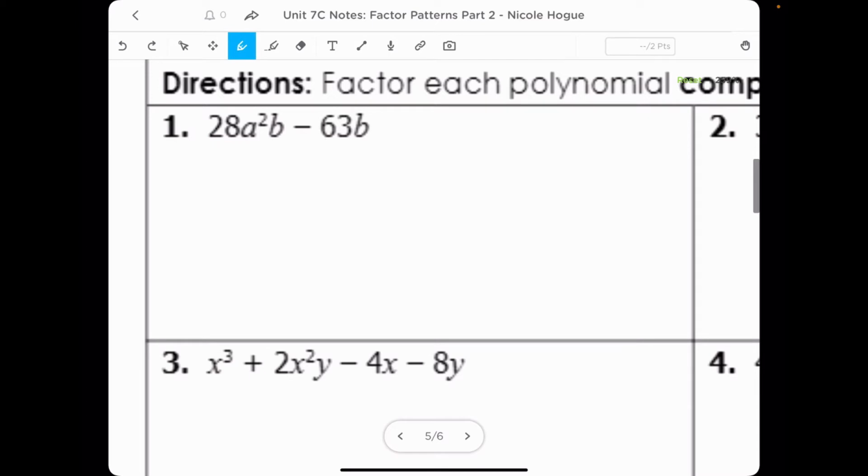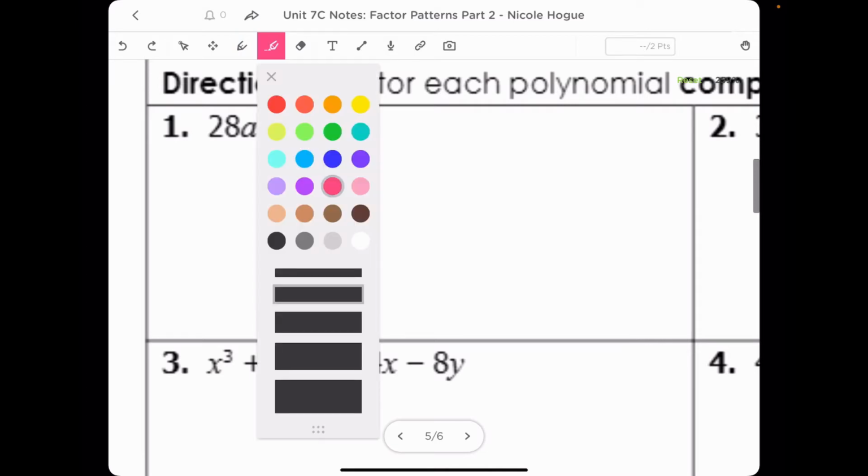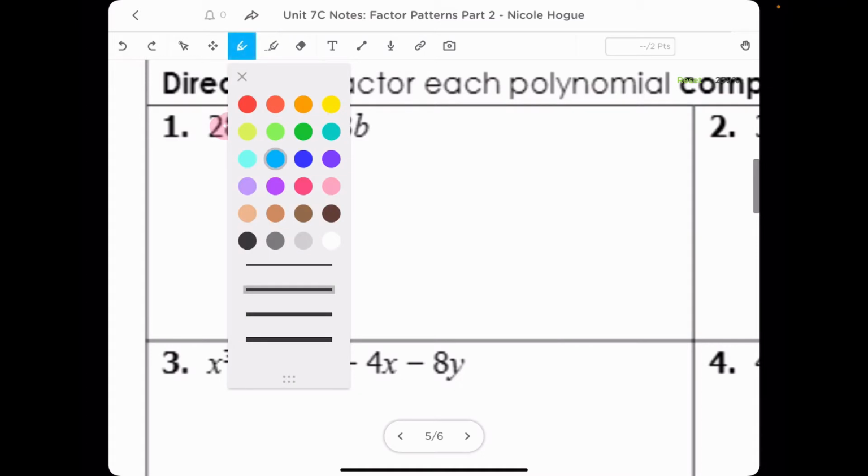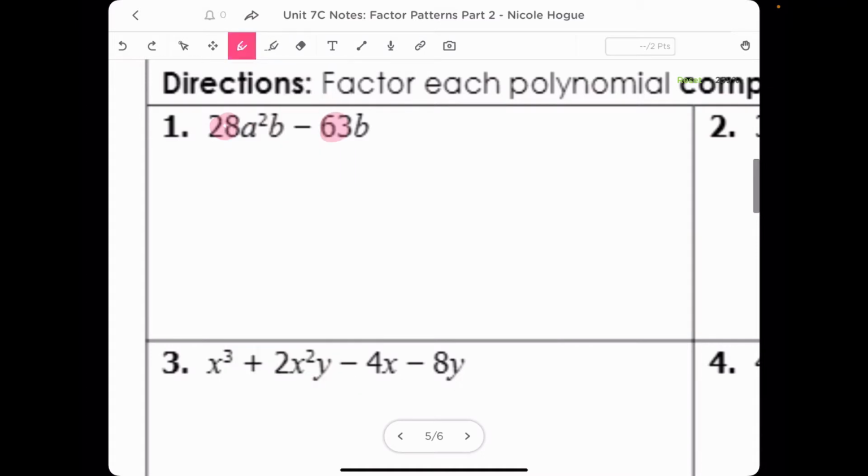Number 1 states that we have 28a squared b minus 63b. The first thing that we want to point out is both of these do have numbers. So the first thing we want to do is determine if there is a GCF.